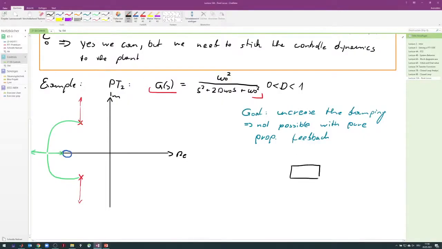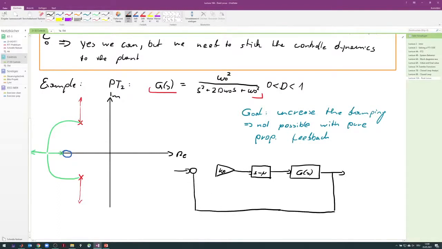We have our system G of s, which is our PT2. We added a zero here, s plus mu, s minus mu actually. And then we have this proportional feedback here, right? Obviously, I hope you agree that this guy here is our PD controller, right?